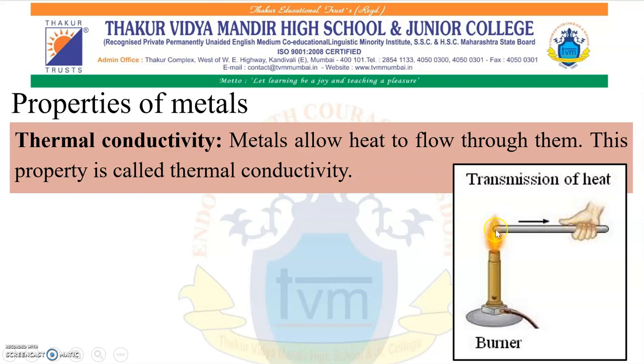This is because the heat from this end is transmitting towards this end. That means the metal is allowing the heat to flow through it. This is called transmission of heat.